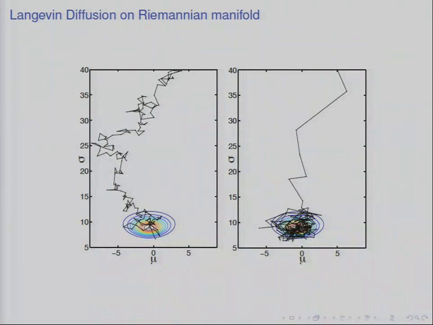So the length of time that the chain spends in the burn-in phase is much shorter, and we converge much quicker to the stationary phase and sample efficiently.